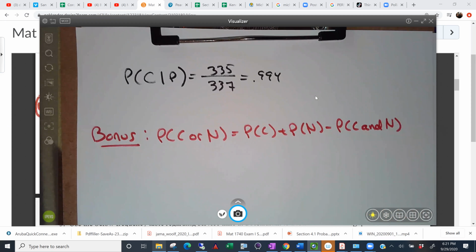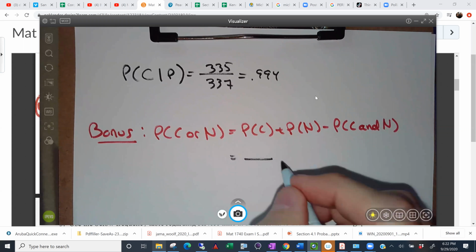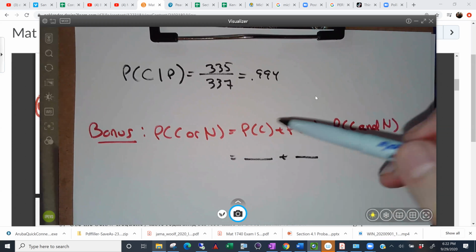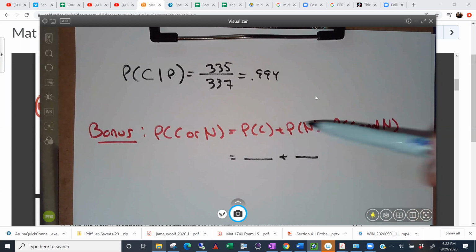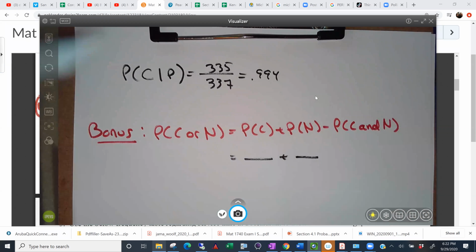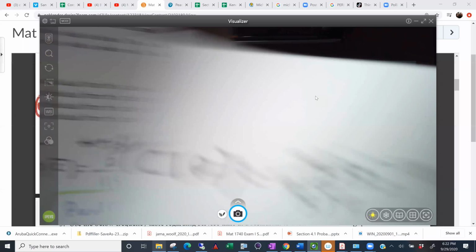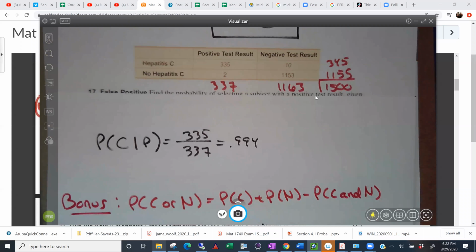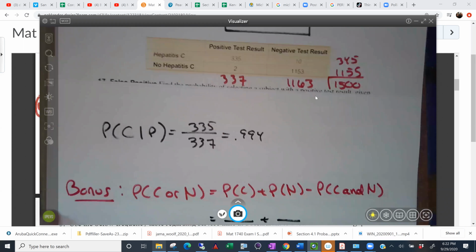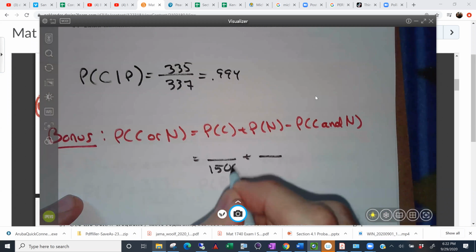Let's look at this one as a wrap up from this section. Probability of C and probability of N. Are we looking at the whole table or part of the table when we look at these two probabilities? The whole table. Thank you, sir. So you're looking at all 1,500, and our denominator should be 1,500 for both of these.